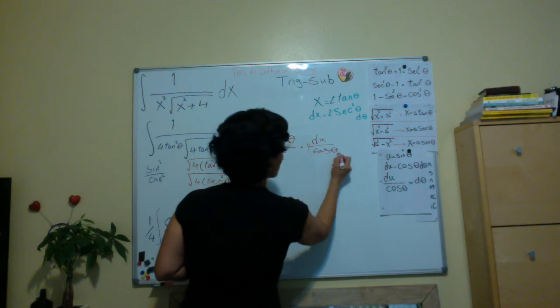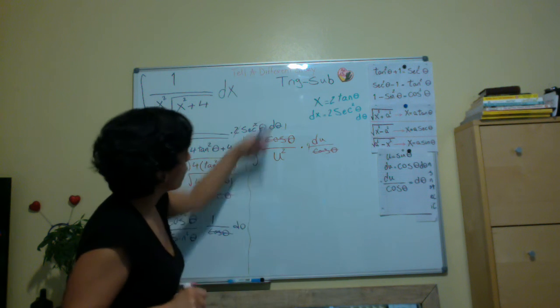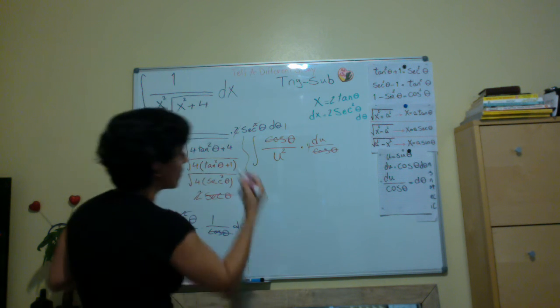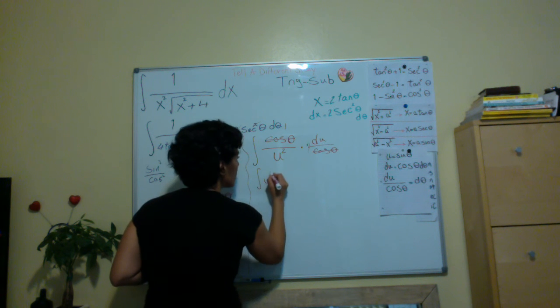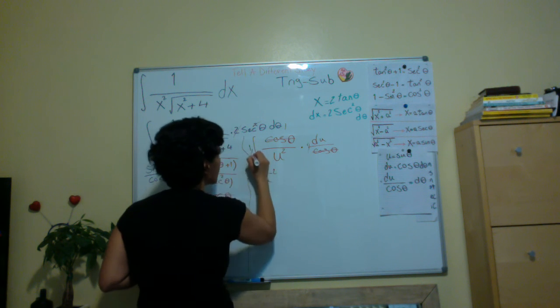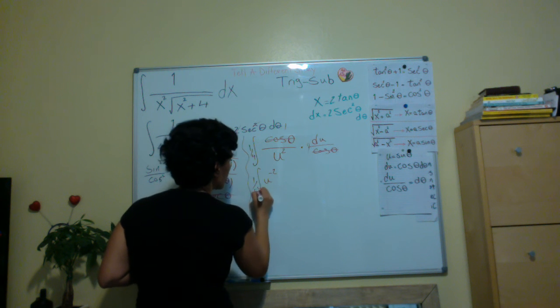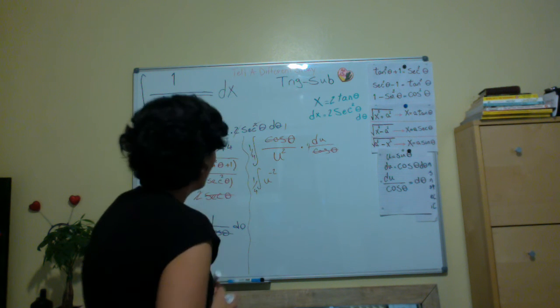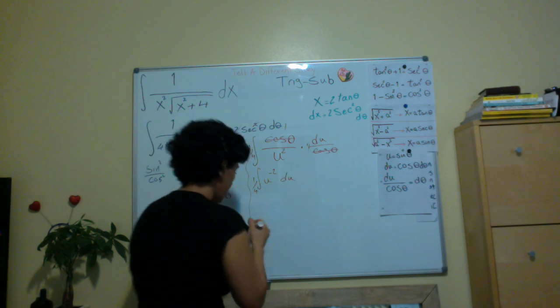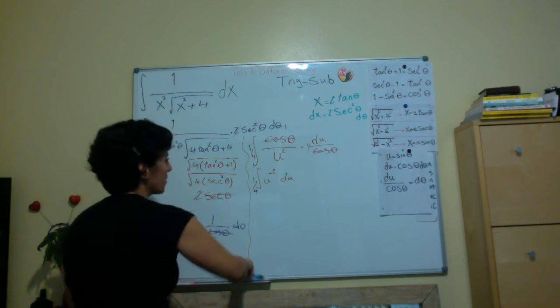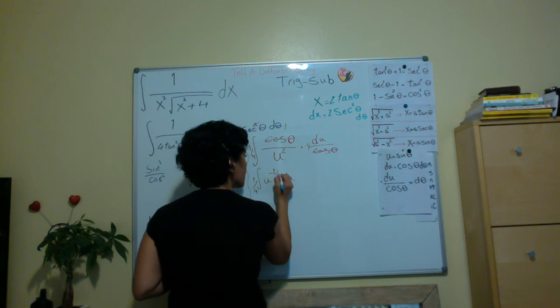These two guys cancel. And what do I have here? I have 1 over u squared, which is the same as saying I have u to the negative 2 power. And guys, don't forget your 1/4. It is a bad habit I got. And then du.